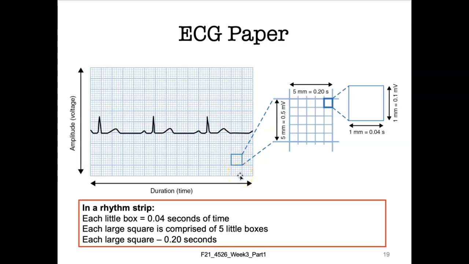You really have to remember this when you are calculating the duration of these different spikes and P waves and T waves, which you'll learn about on the ECG paper. So again, the large box is 0.2 seconds. Each large box is comprised of 5 small boxes, and so that means that each tiny little box is 0.04 seconds of time.